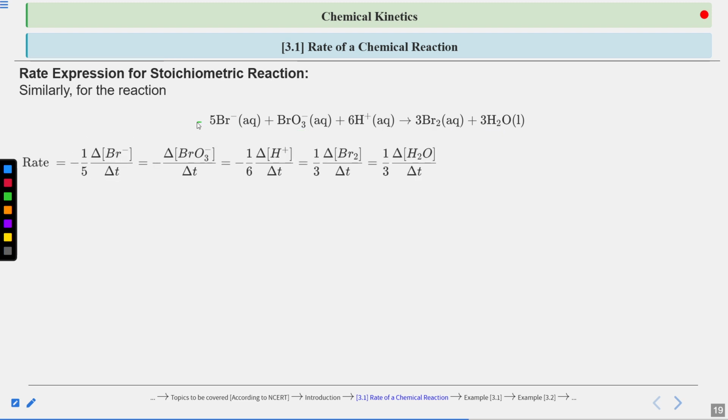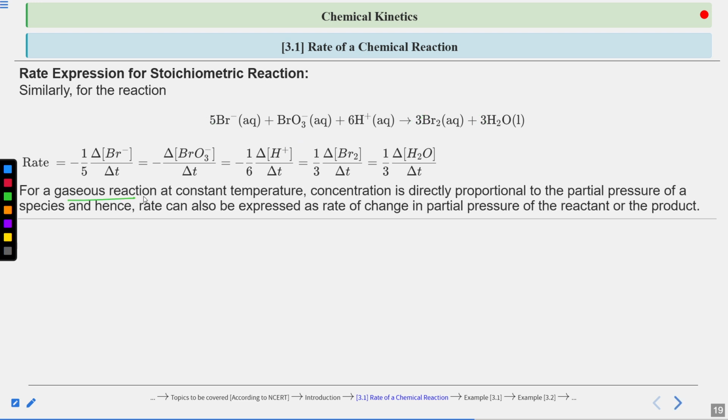So the rate for this reaction can be defined as minus 1 by 5 of delta Br negative by delta T, and it is equal to minus delta of BrO3 negative divided by delta T. It is equal to minus 1 by 6 delta of H positive by delta T. It is equal to 1 by 3 delta Br2 by del T. It is equal to 1 by 3 delta of H2O divided by delta T. So these are the different rate expressions for the given reaction.